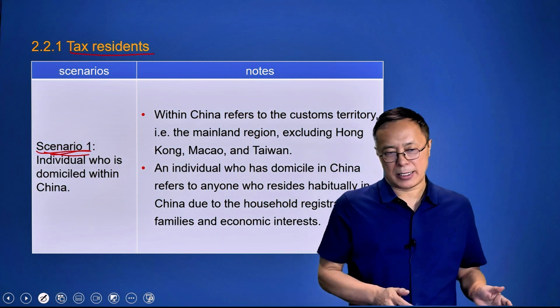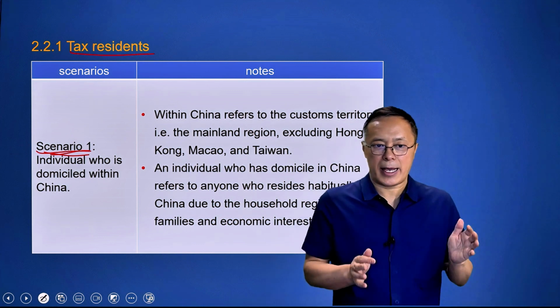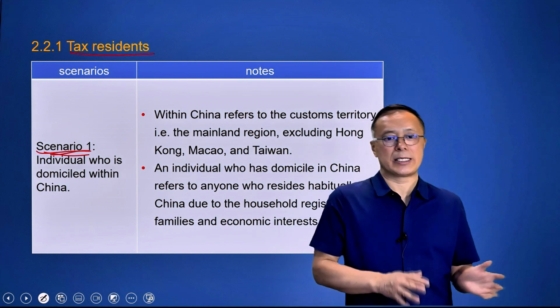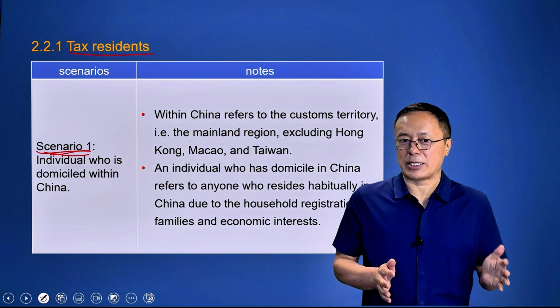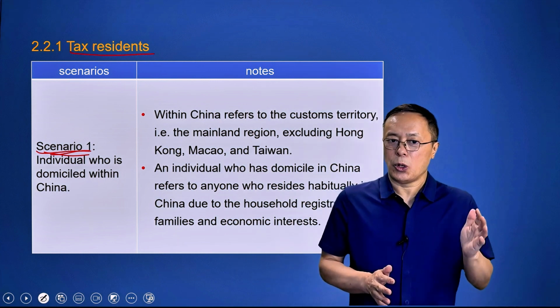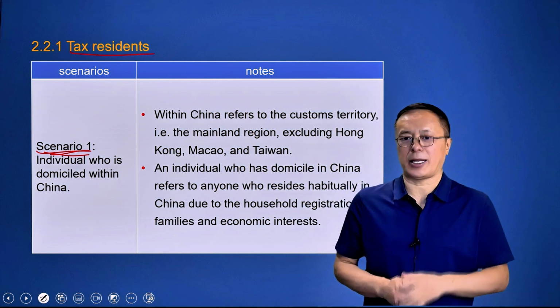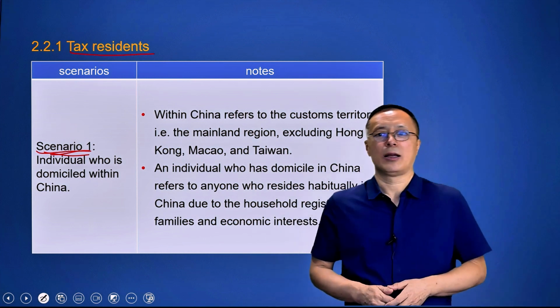So in tax practice, a person with Chinese nationality is usually considered as an individual who is domiciled within China. On the contrary, a person with no Chinese nationality is considered as an individual who is not domiciled within China. That's the meaning.